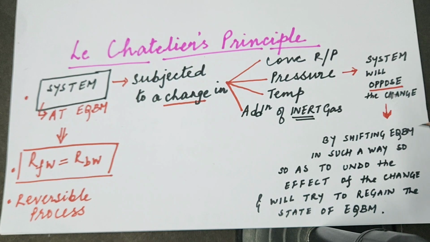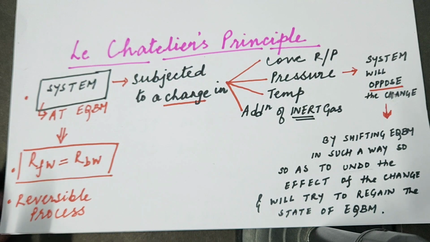And since the equilibrium is disturbed now, it was at equilibrium to begin with, these external changes being imposed on the system, it is no more at equilibrium, but it will respond in such a way so as to undo or neutralize or counter the effect of the change so that it will regain the state of equilibrium.